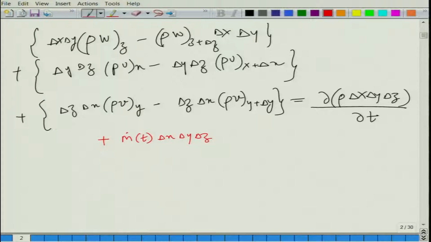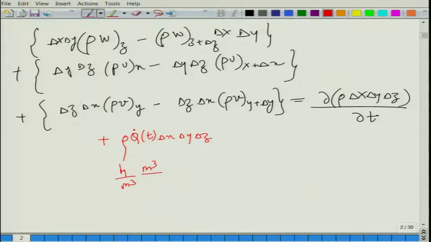Now, one thing we can straight away do here is that mass is nothing but density times the volume, so basically this is q dot. The unit of this is kg per meter cube, this is meter cube per second, and this is kg per meter cube.